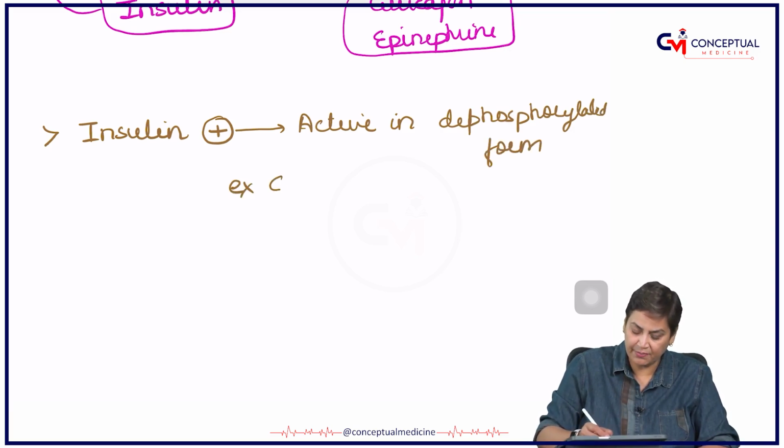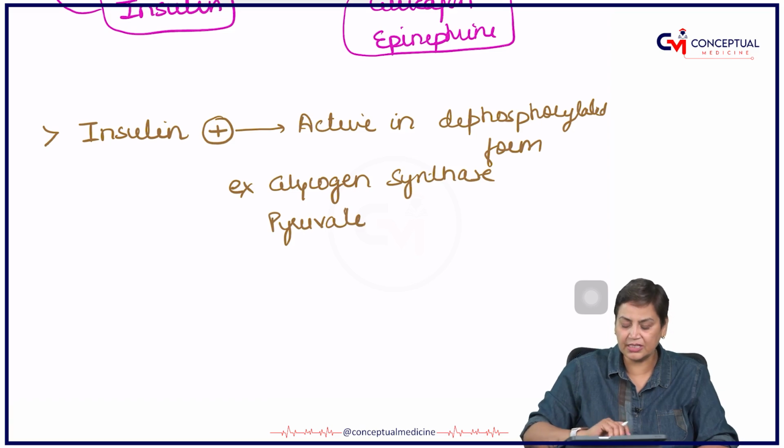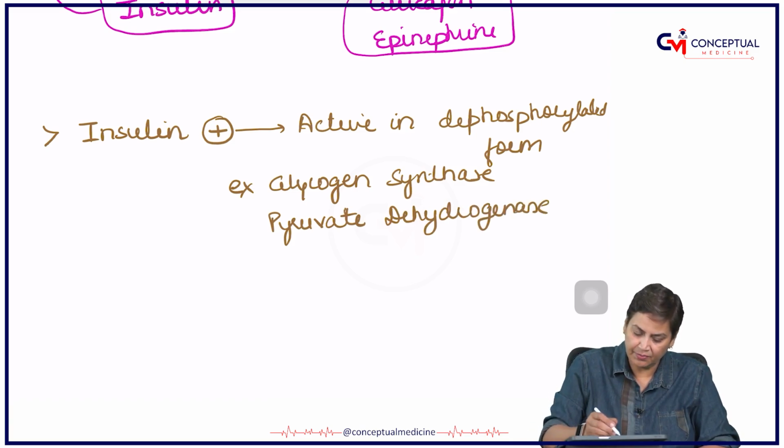The most important example we just quoted is glycogen synthase. And the other enzyme we have to quote is pyruvate dehydrogenase, because these are the two enzymes. Pyruvate dehydrogenase. Very important.